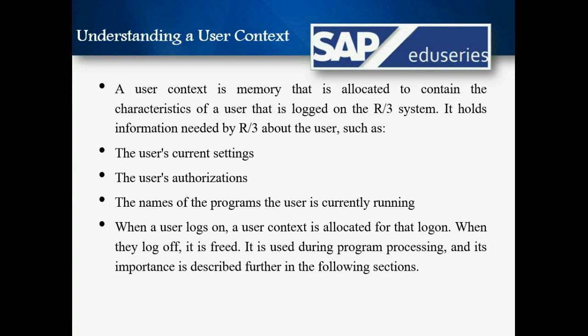When a user logs on, a user context is allocated for that logon. When they log off, it is freed. It is used during program processing, and its importance is described further in the following sections.